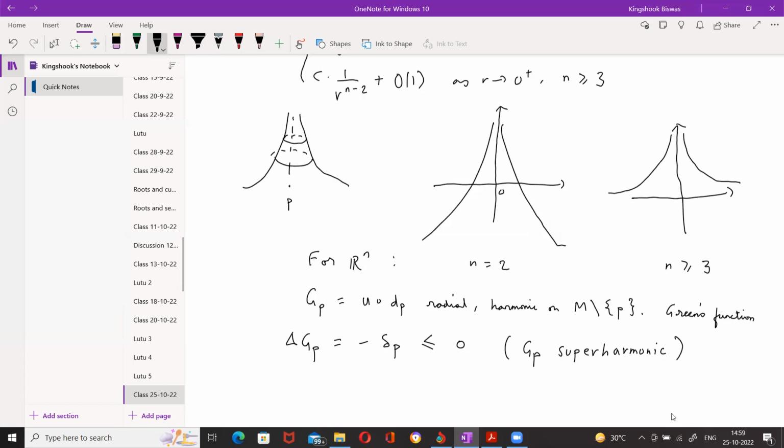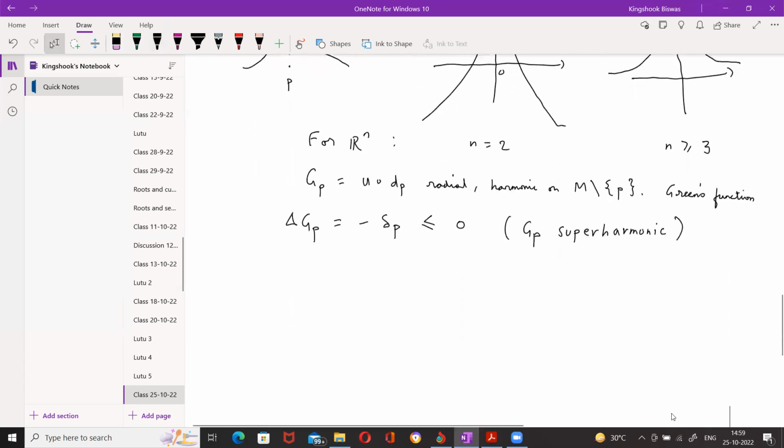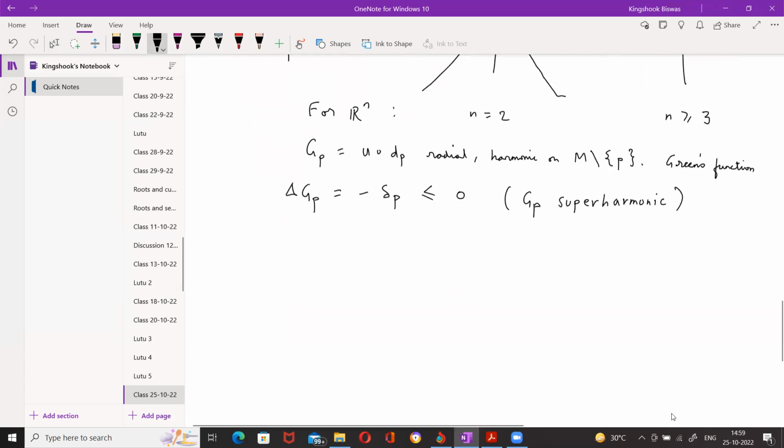The general definition of subharmonic and superharmonic functions, which we'll give later in the course, is that they are semi-continuous functions which satisfy the following property. Let me give it now.